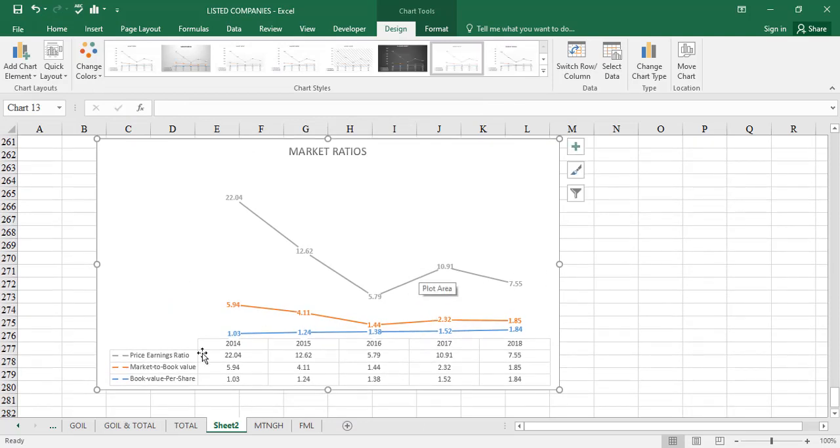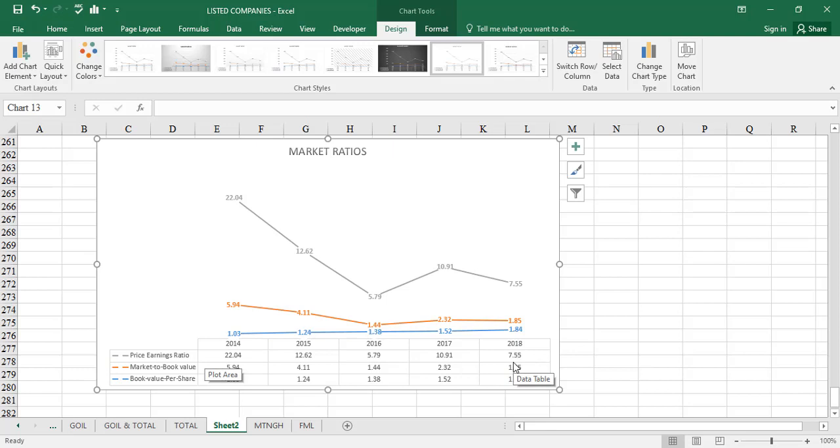So the PE ratio of the company, that is the first line that we are seeing here, from 2014 through to 2018, we can tell that the company's PE ratio has been on the decline from 22.04 through to 7.55 as at 2018.